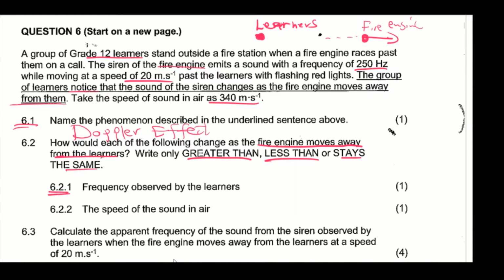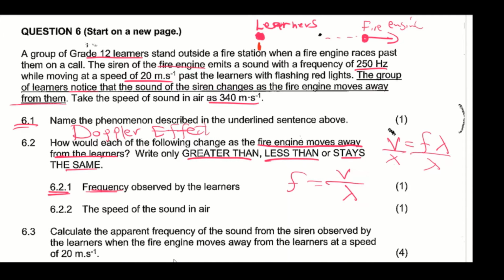So looking at 6.2.1, the frequency observed by the learners. If the fire engine moves away, remember velocity is equal to frequency times lambda. If we want to know about frequency, we divide by lambda on both sides, so frequency is equal to velocity over lambda. I want you to look at the learners, who are at this point here.